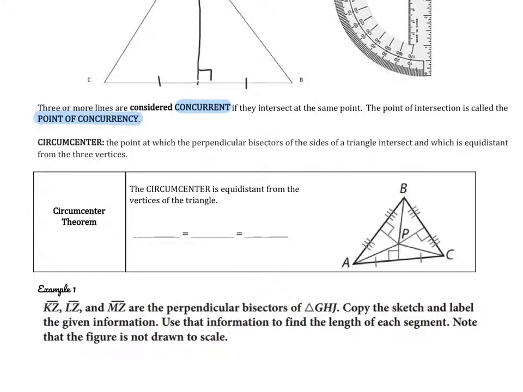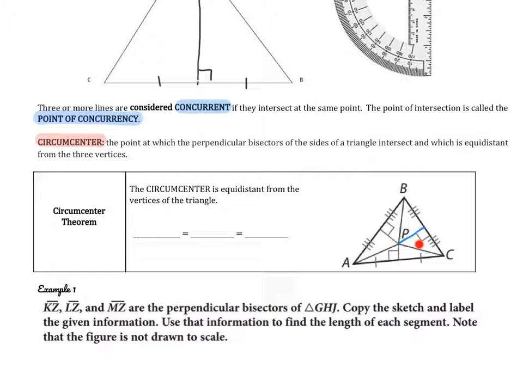So now we're going to learn a new feature in a triangle, and that's called the circumcenter. So the circumcenter is the point at which the perpendicular bisectors of the sides of a triangle intersect, and which is equidistant from the 3 vertices. So you can see here that we have 3 perpendicular bisectors. So this is a perpendicular bisector.